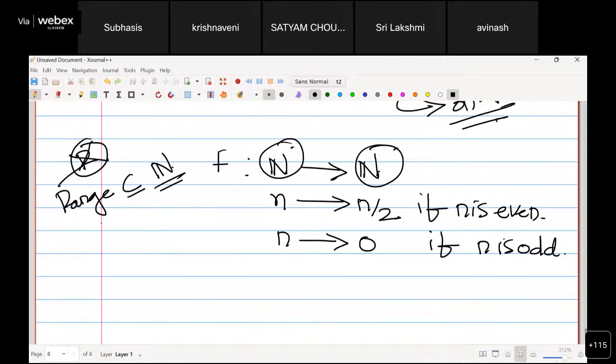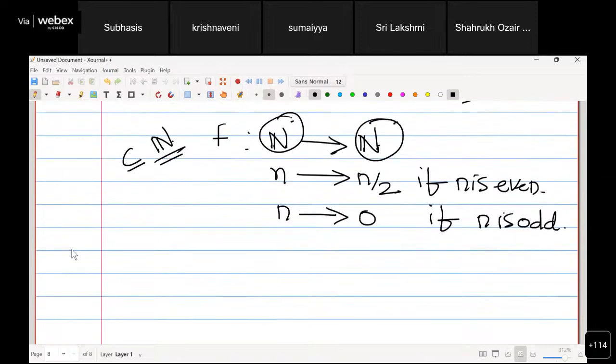Rational numbers are not possible because they are not a subset of N. Non-negative even numbers, natural even numbers, certainly can be an answer, but R can't be a possible answer.